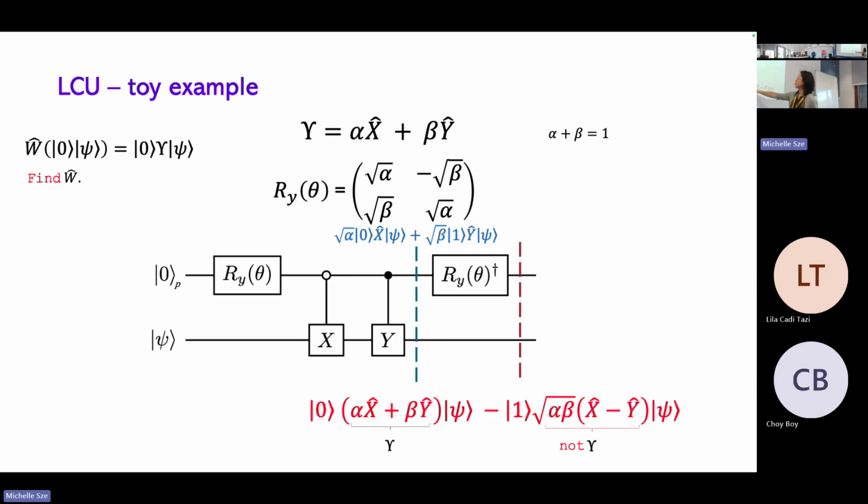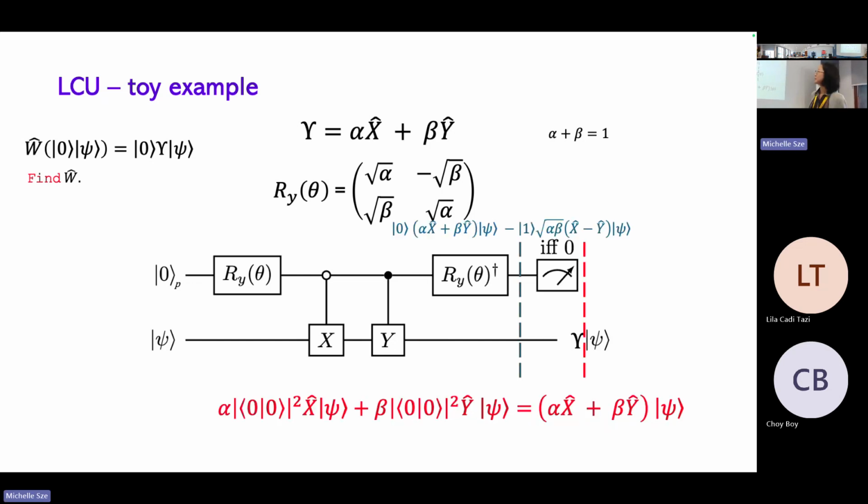There's also the one state. So eventually we have to do some post-selection. Since the desired LCU that we want is in the zero state, we have to post-select the zero state from the ancilla. That's that.